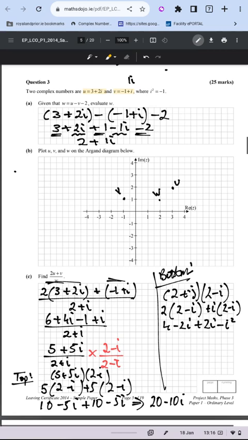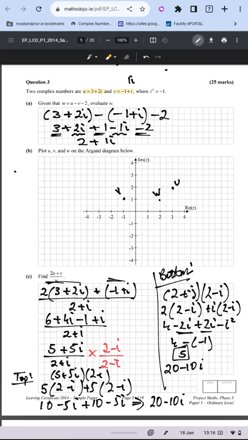And here we're getting our a squared. So we see our a's go. Everywhere we see a squared, you sub in minus 1. 4 minus minus 1 is 5. And now put your top over your bottom. So 20 minus 10a over 5. 5 into 20 goes 4. 5 into 10 goes 2. 4 minus 2a. Don't be getting bogged down if you don't know how to do that there.